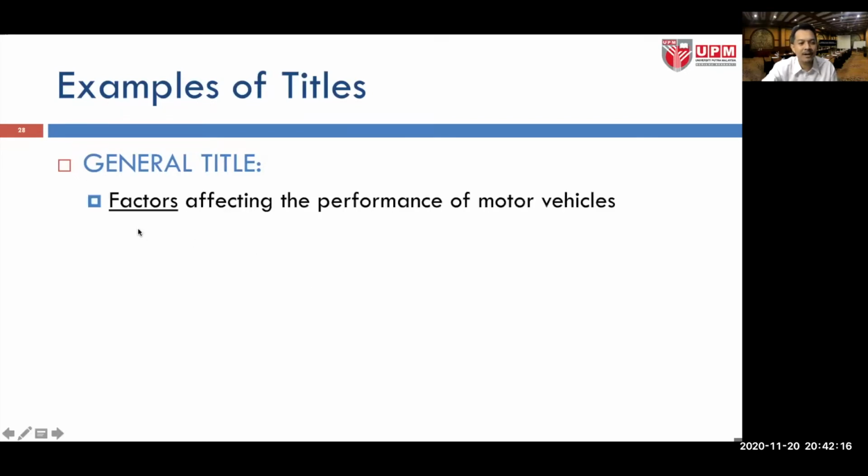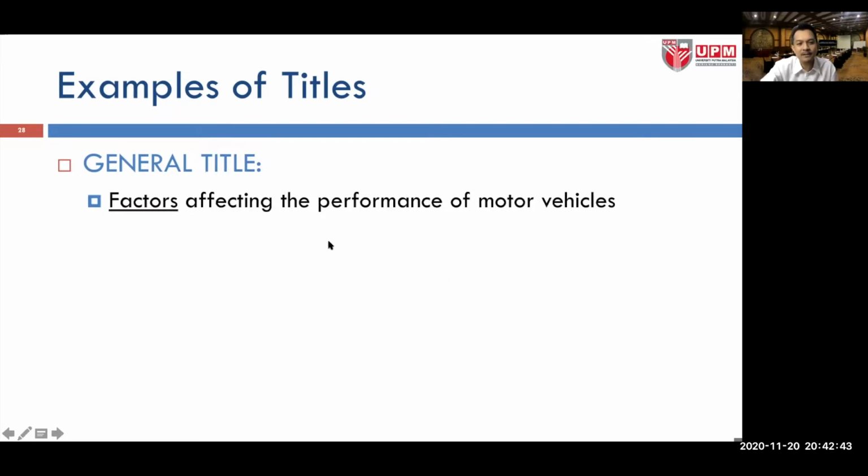The one that I've shared with you last week is on factors affecting the performance of motor vehicles. So this is an example of a general title where basically the subject under study, okay, let me just open all first so that we can go through one by one.